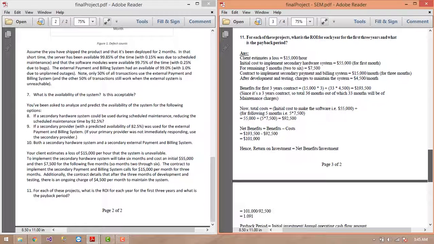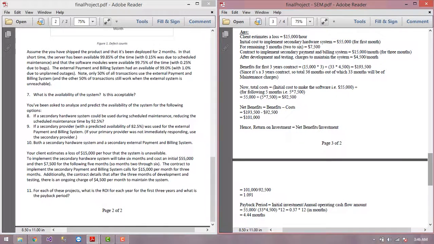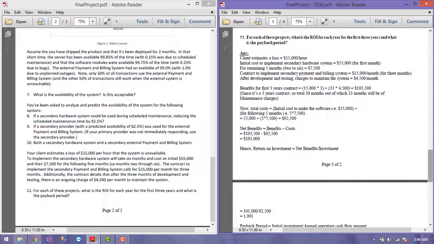And the last of the upper management questions are, for each of these projects, what is the ROI, the return on investment, for each year for the first 3 years, and what is the payback period? So the client estimates a loss of $15,000 per hour.